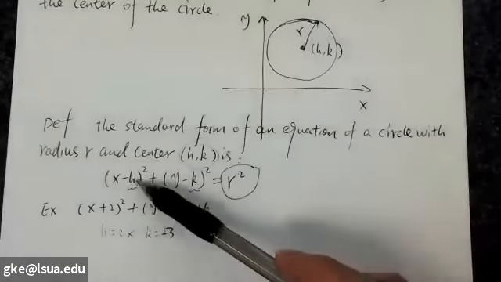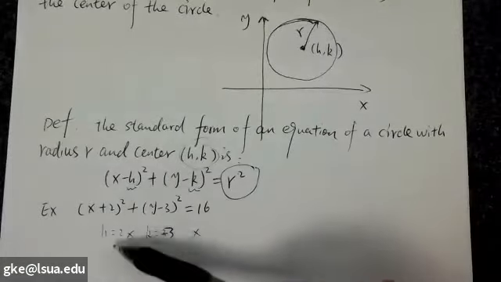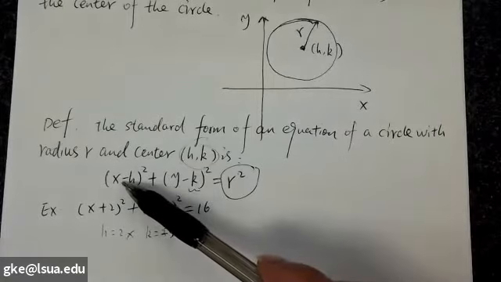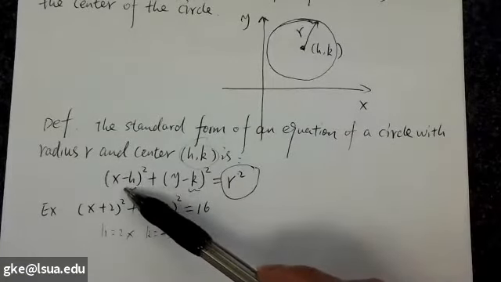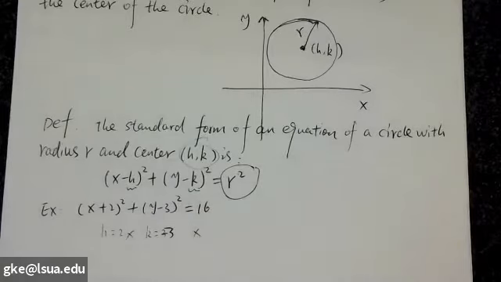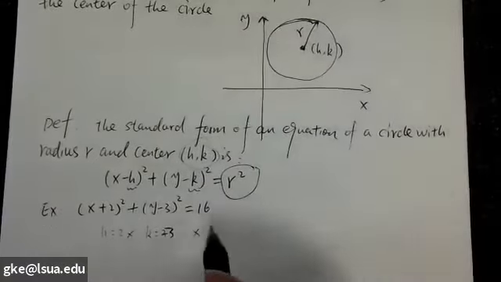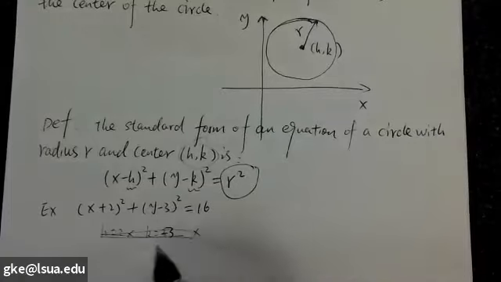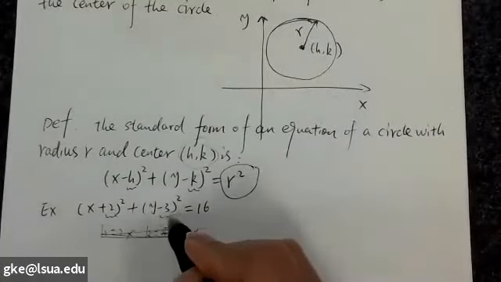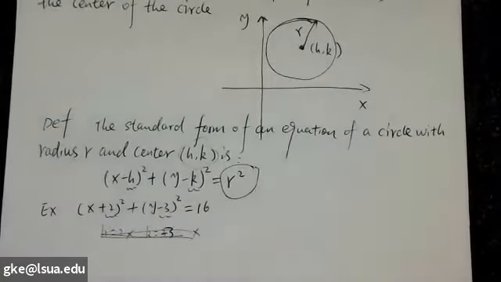How about the h? Here it's x minus h, right? So how do we find (h, k)? I'll teach you a trick. It's the opposite of this value.